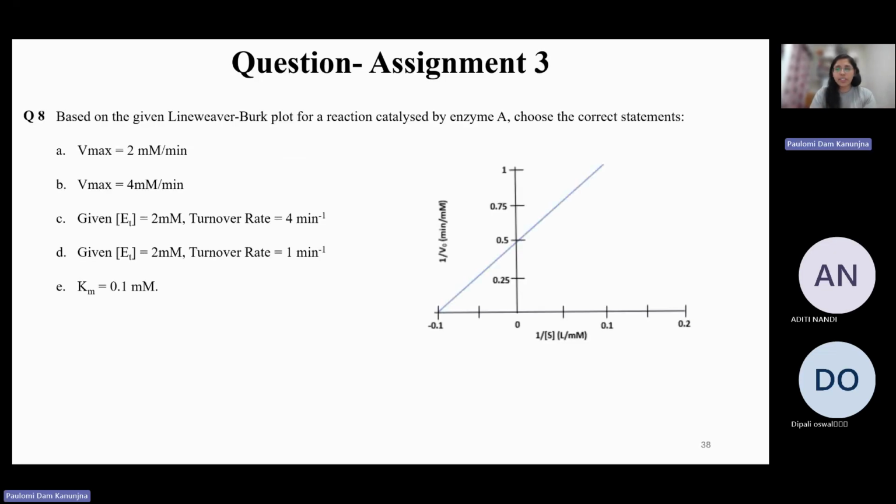Okay, very quickly, this one. This is again, remember the Michaelis-Menten equation, and from there the Lineweaver-Burk plot, and then remember what these points are referring to. If you have that with you, you know what to do. A good question. In fact, a very interesting question.